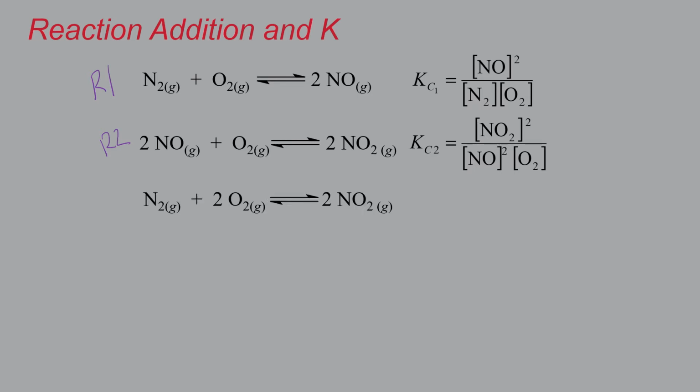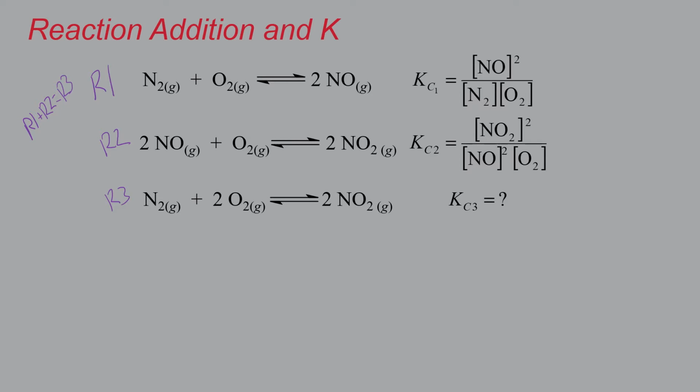And now, this is R3. The idea here is that hopefully you can see that R1 plus R2 is equal to R3. And the question is, what's the relationship between Kc1, Kc2, and Kc3? Is Kc3 the sum of Kc1 and Kc2, or is it something else?